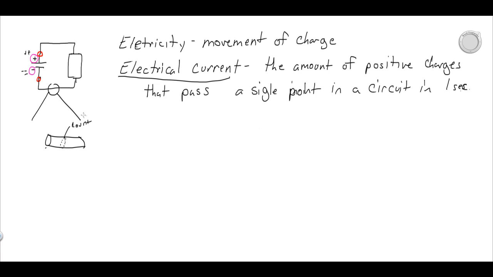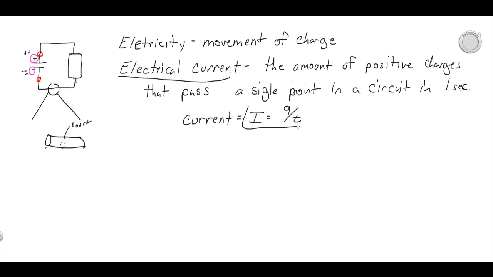Okay, so we actually have an equation for electrical current, and current, which is what you'll hear me refer to it as, is given the variable I equals the amount of charge, Q, divided by time.